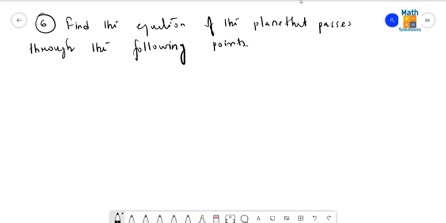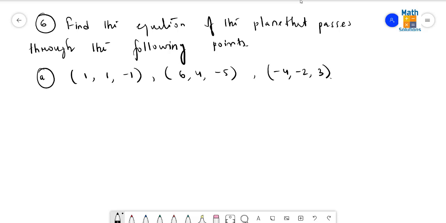So here also 2 parts are there. I'm solving the first part. Here points given are 1, 1, minus 1. Then 6, 4, minus 5, and then minus 4, minus 2, 3.